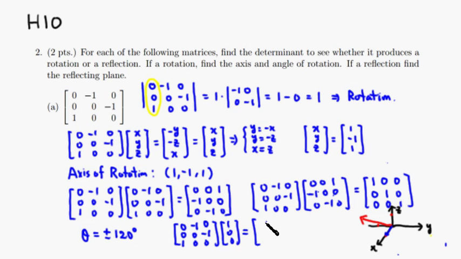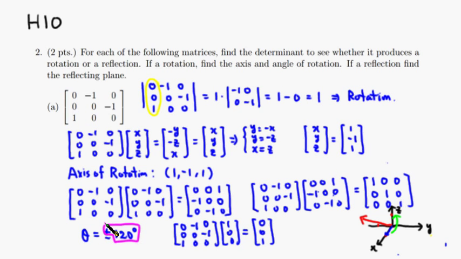This times that gives you 0, this gives you 0, and this gives you 1. So the i vector is sent to the z vector, so it rotates this way. Since we are going in the counterclockwise direction, this is positive 120. So the answer is positive 120 degrees.